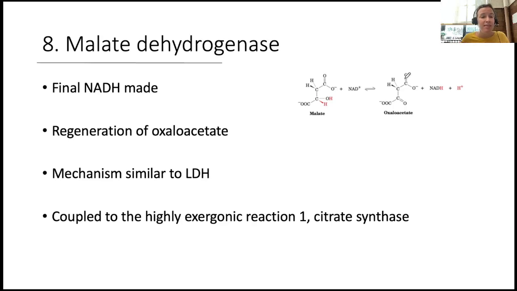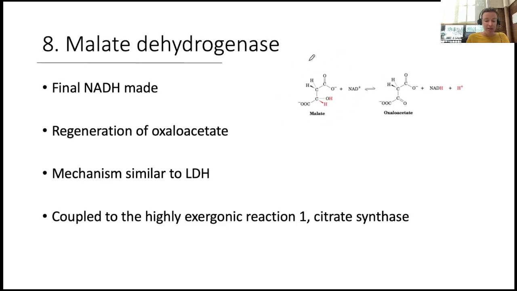Finally, the last enzyme in the TCA is malate dehydrogenase. Here we have the formation of the final molecule of NADH. So we take that water that we just added, we take that OH, the hydroxyl from the water, and we oxidize it to a carbonyl and form NADH.